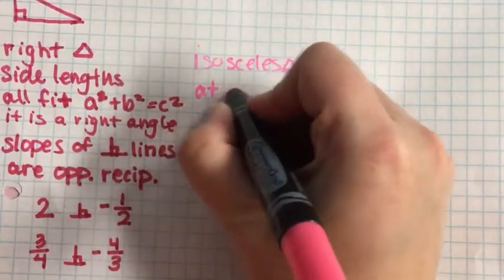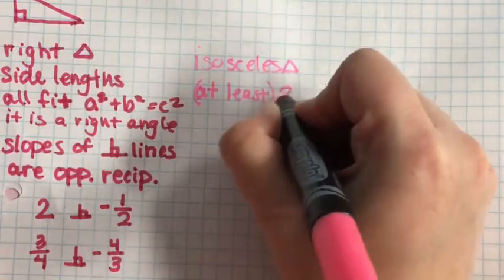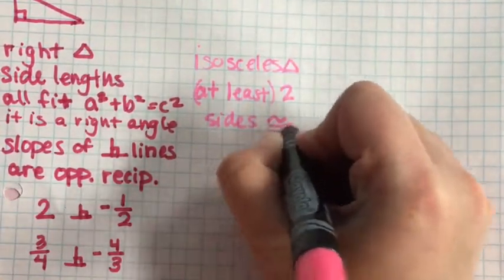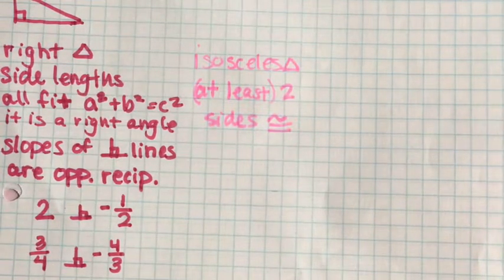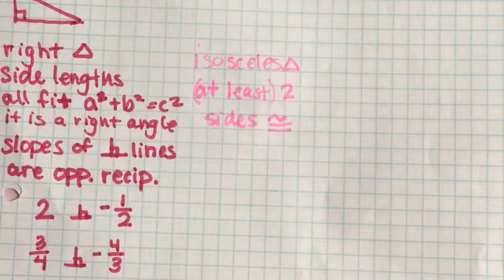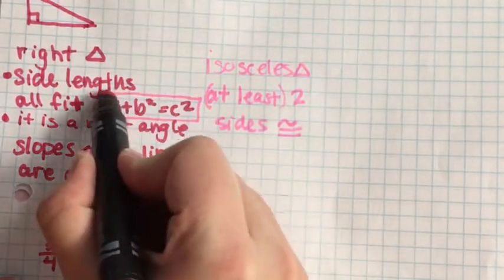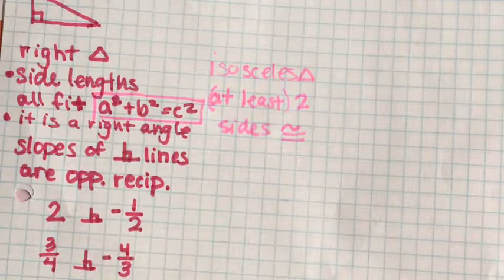At least 2 sides are congruent. In order to find those lengths, you would need to use a squared plus b squared equals c squared again. And if 2 of them are the same length, boom, it's an isosceles triangle.